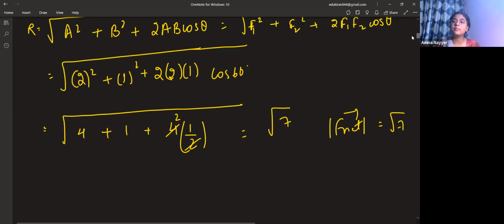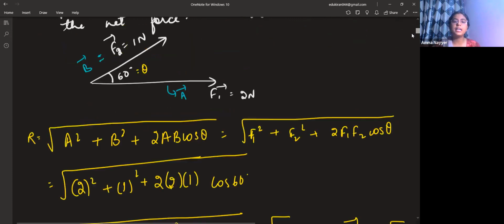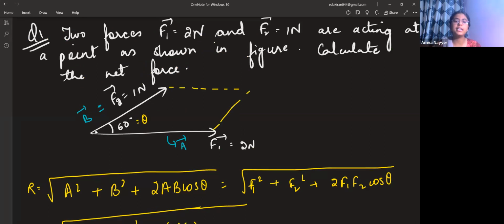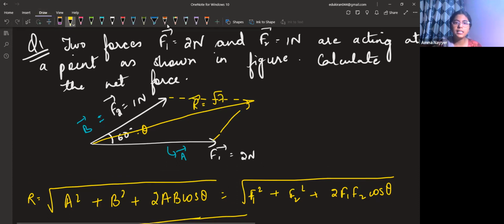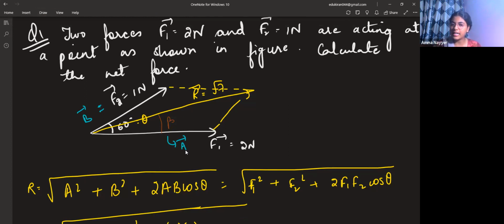How will your answer be completed? When you write its direction, that is tan beta. What is beta here? If you complete the parallelogram, this is the resultant which we have found, root 7, and this angle is going to be beta, the angle between the resultant and the vector A. How will you choose A and B?